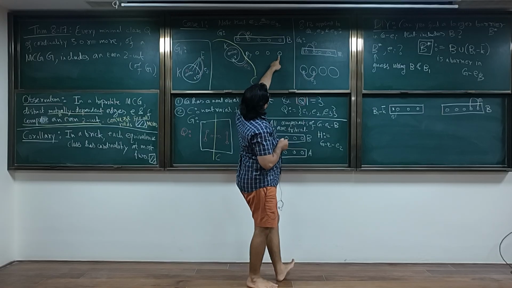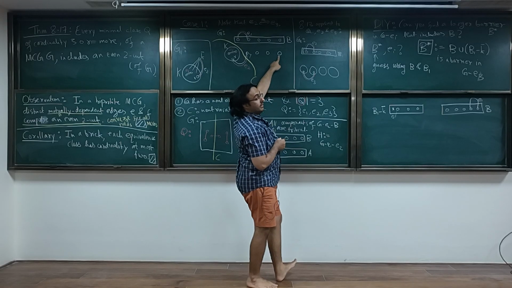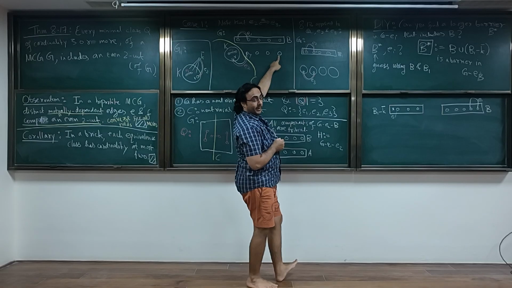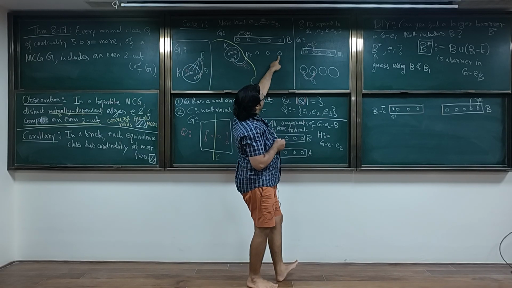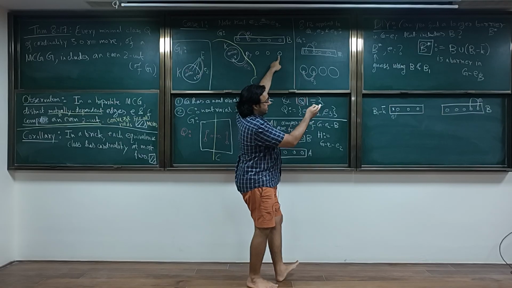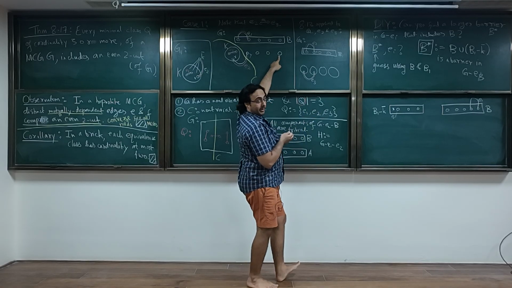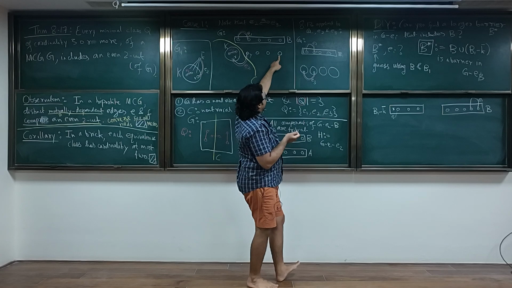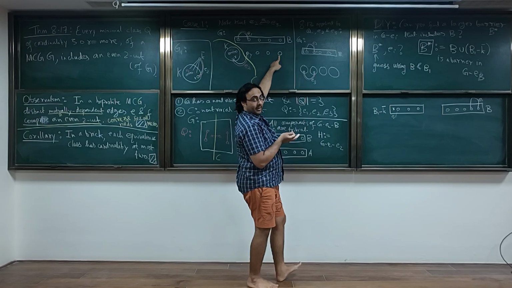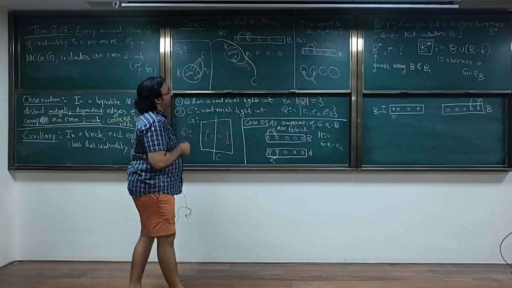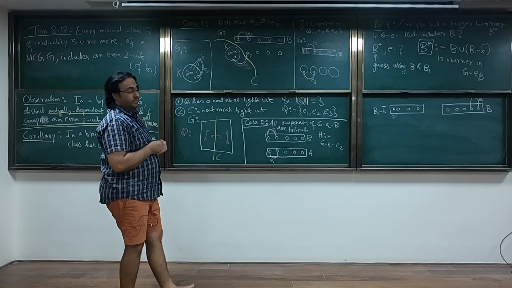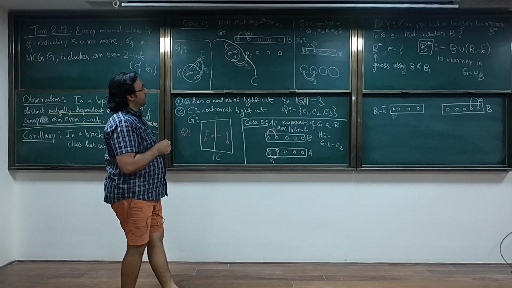This fellow has all its neighbors in B. Therefore, this fellow is still an isolated vertex in G minus B star, right? Because I'm deleting all of B. So therefore, this fellow is still going to be isolated if I delete B star. Yeah? Is that right? Okay.